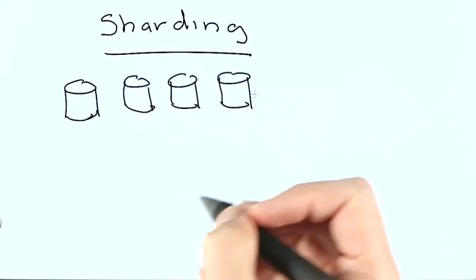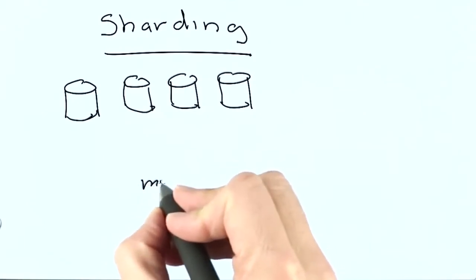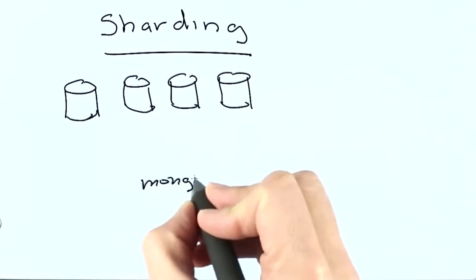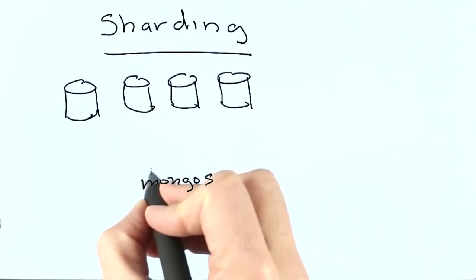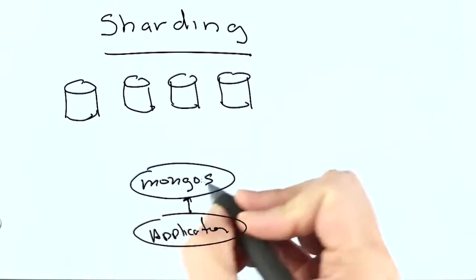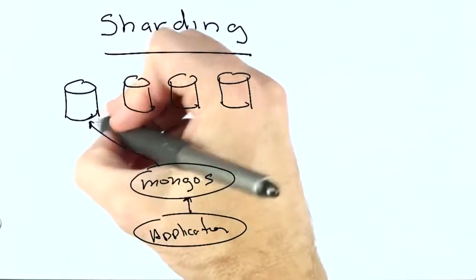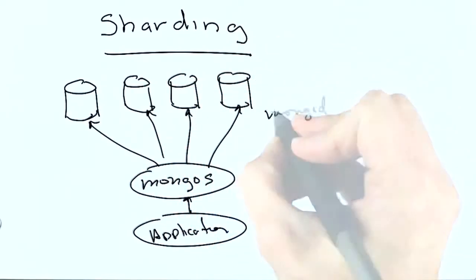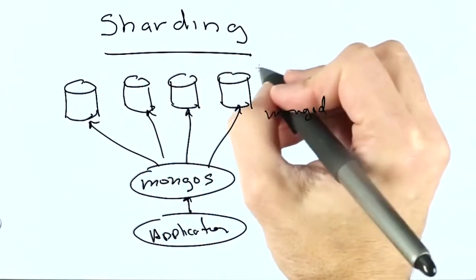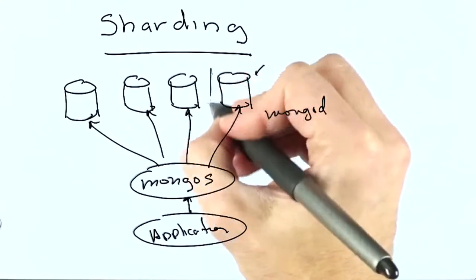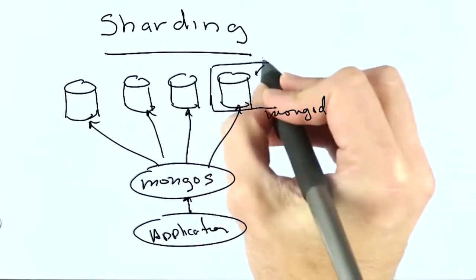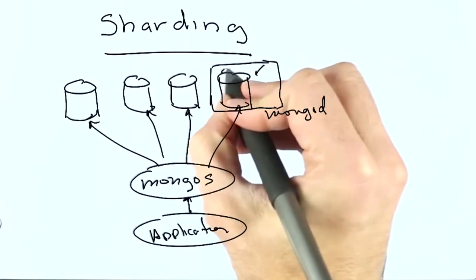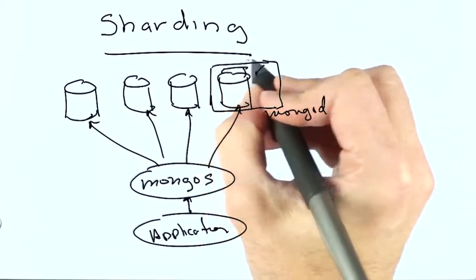And when you shard, you deploy multiple MongoD servers, and in the front you have a Mongo S, which is a router, and your application talks to Mongo S, which then talks to the various servers, the MongoDs. Now, one wrinkle, which I won't go into here, is that rather than being a single server, this is often and recommended to be a set of servers.